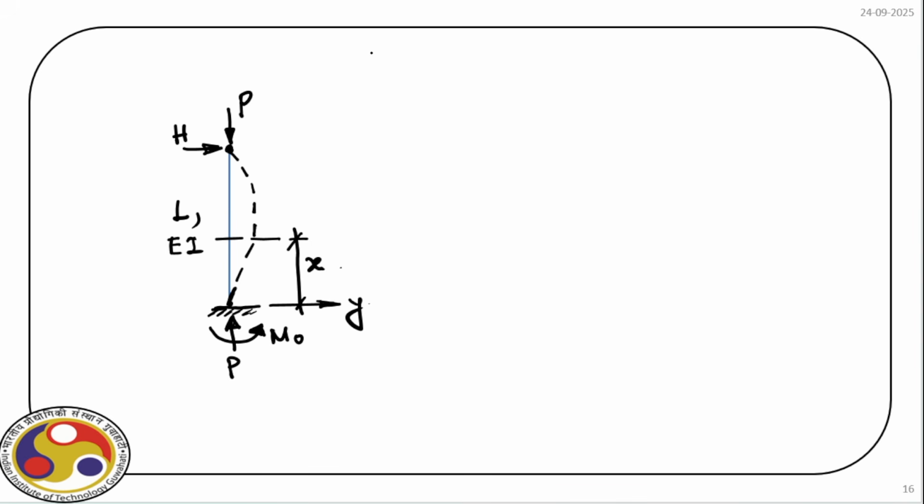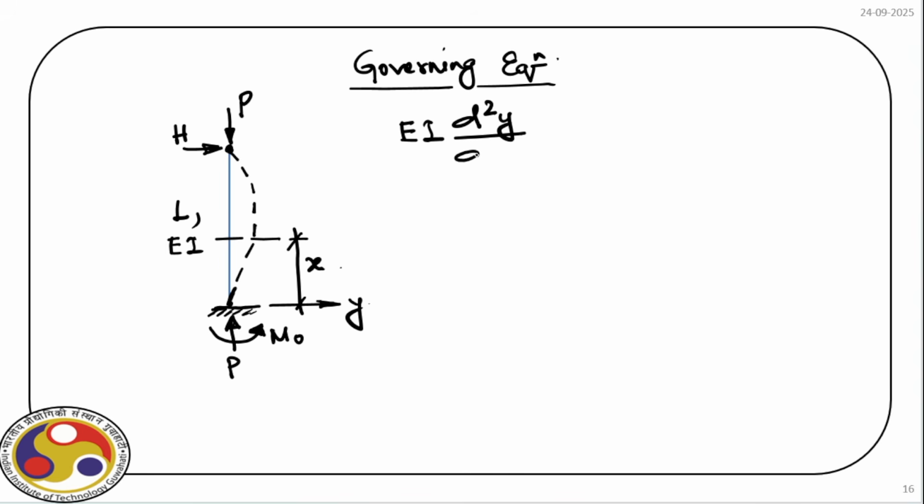So the governing equation is EI d2y dx2 is equal to minus py plus, if we take the horizontal load at the top, h times L minus x. So that is the lever, right?